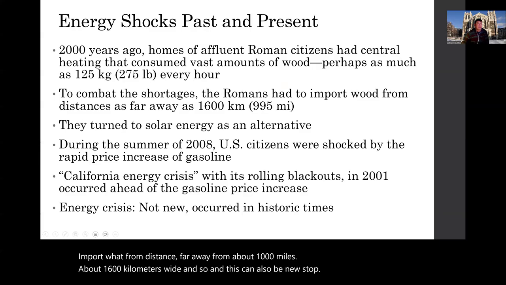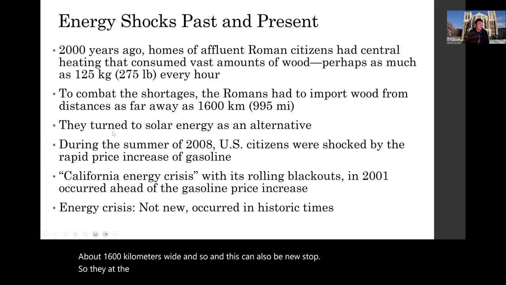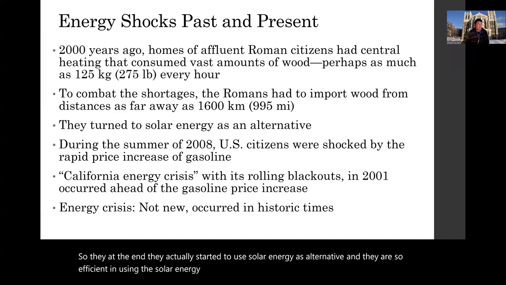In the end they started to use solar energy as an alternative, and they were very efficient in using it. They even established laws to protect people's right to use solar energy.